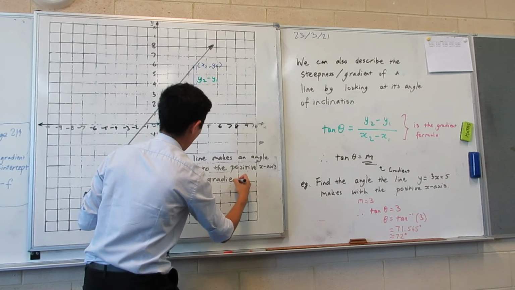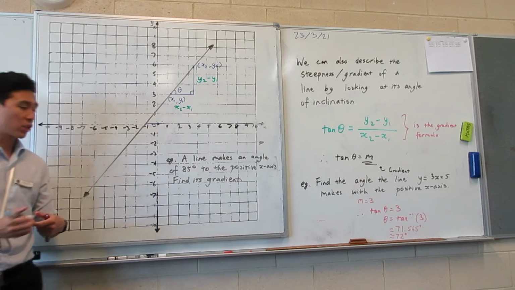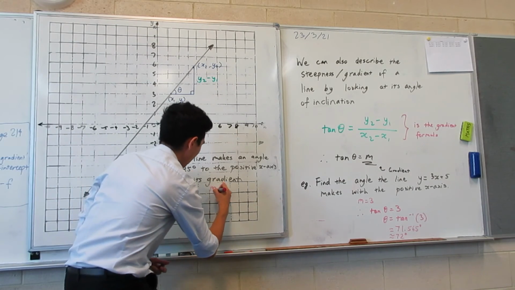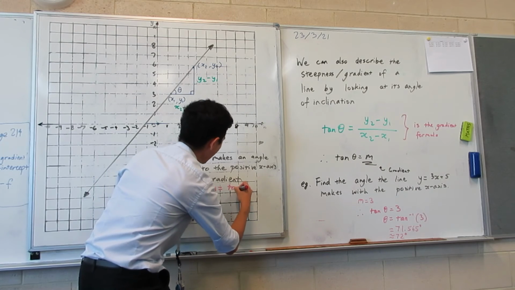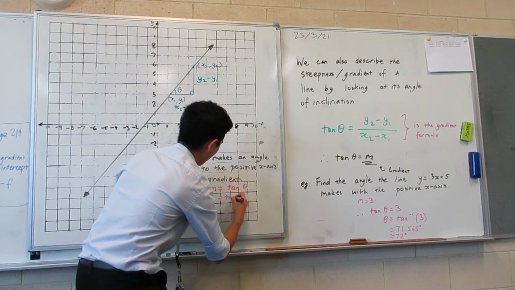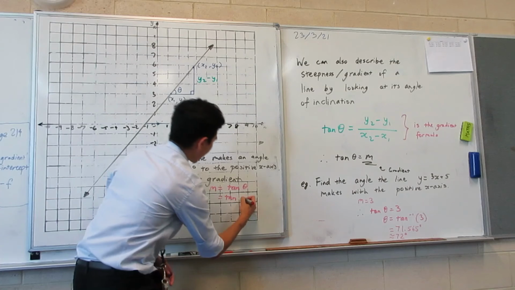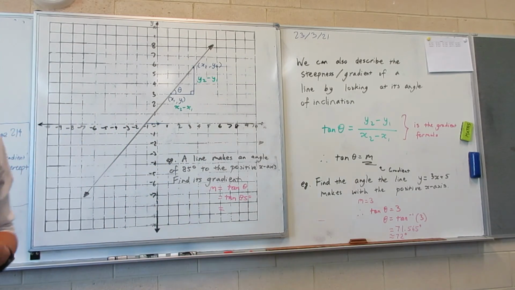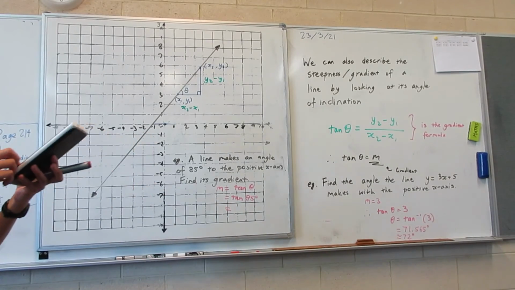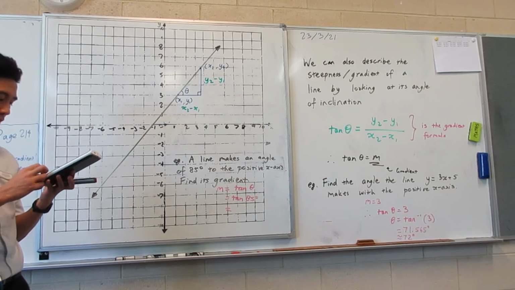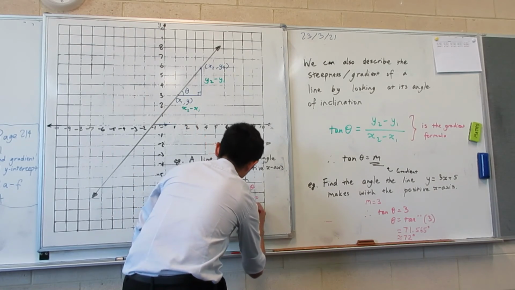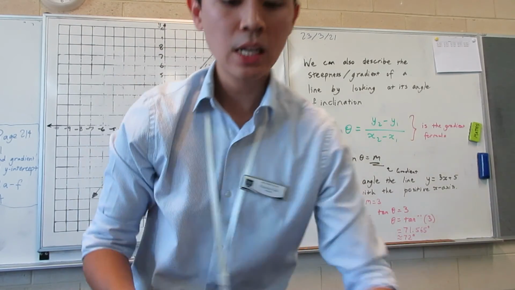A line makes an angle of 85 degrees to the positive x-axis. Find its gradient. The gradient is m, but m is equal to tan theta, where theta is our angle. So if our angle is 85 degrees, we just put our 85 degrees in there. Tan 85 degrees is going to give me 11.43. So that tells you what the gradient has to be.